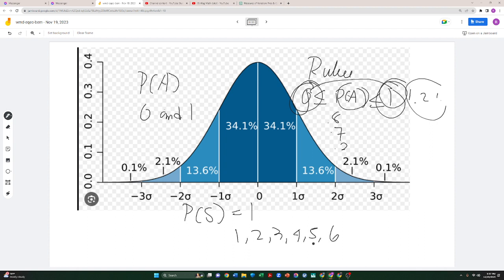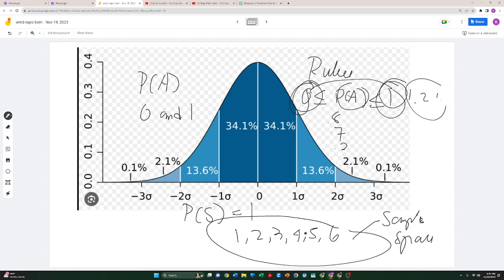So we know that this is the entire sample space, no? So the probability of the entire sample space is 1.